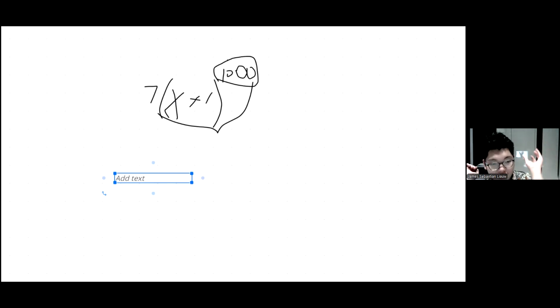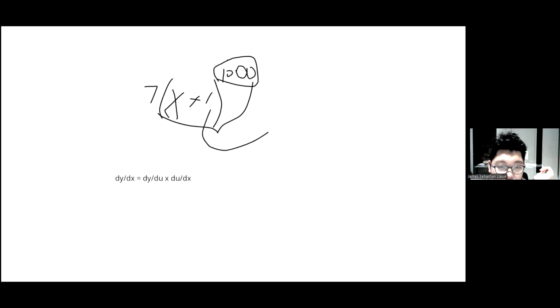The innermost function is u, and then we can differentiate the whole thing in terms of dy du, and also in terms of du dx. What I mean by u here is this thing. So this whole thing is y. Now what happens if we let that become u?